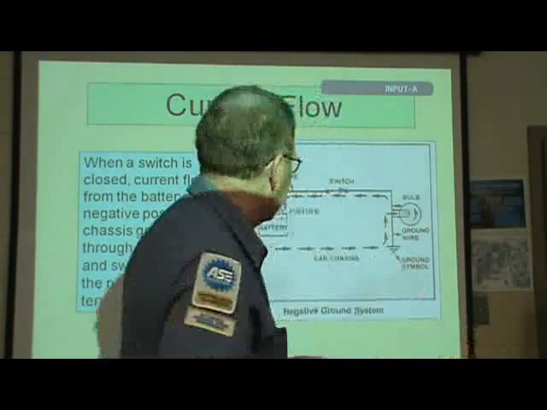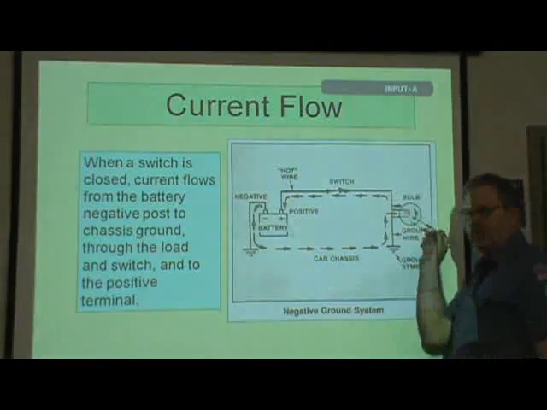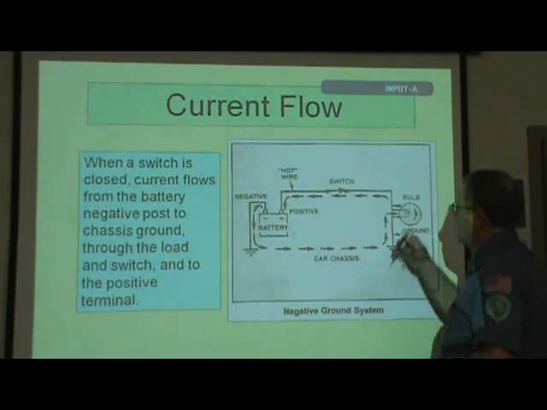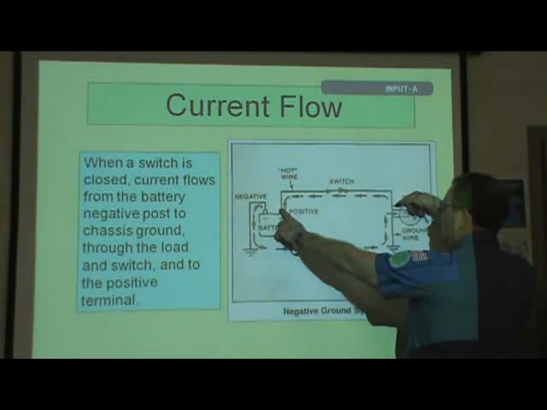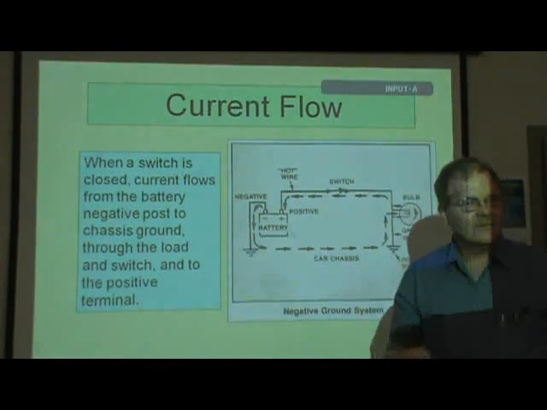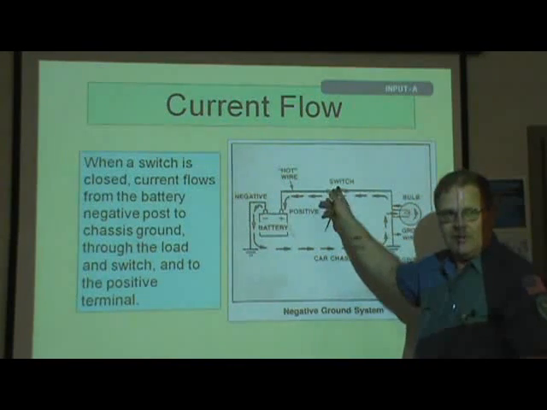You got that? So in this particular case, let's say that this bulb was dim. I take my meter and set it up here, and I'm going to look at my meter from here to there. Whatever that meter reads is how much voltage is being lost. Probably it's that switch or maybe one of the connectors.